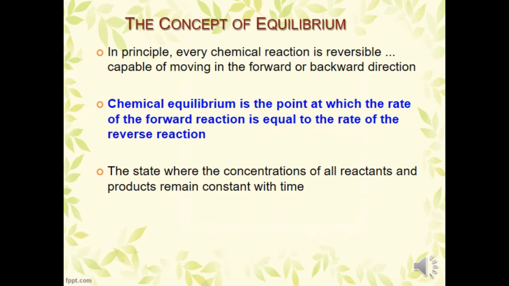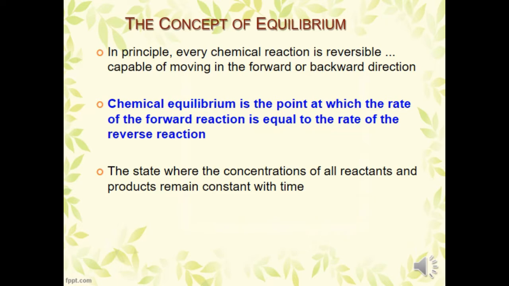So what is equilibrium? You have covered kinetics, which is rate of reaction, how fast a reaction proceeds. You have covered thermodynamics, whether a particular reaction is spontaneous or not. So now we will look at equilibrium, specifically chemical equilibrium.